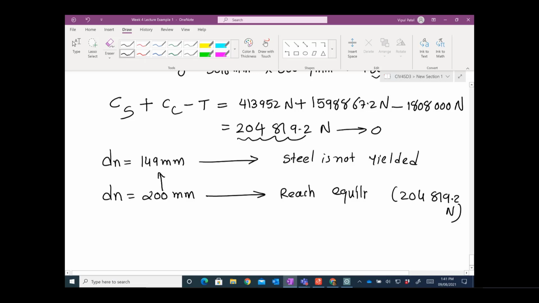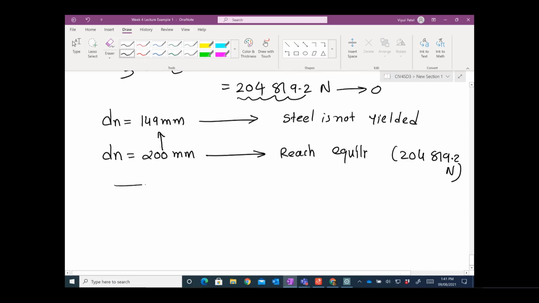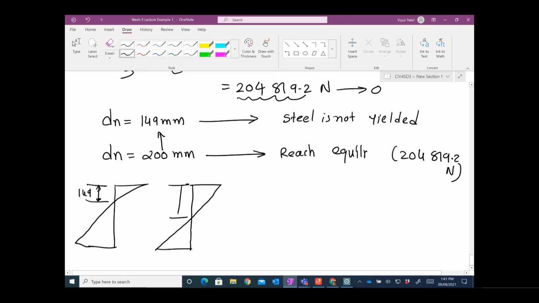If I change the neutral axis, because here we tried 149 first and it did not work. Then we tried 200, which did not work. How about we go in between?